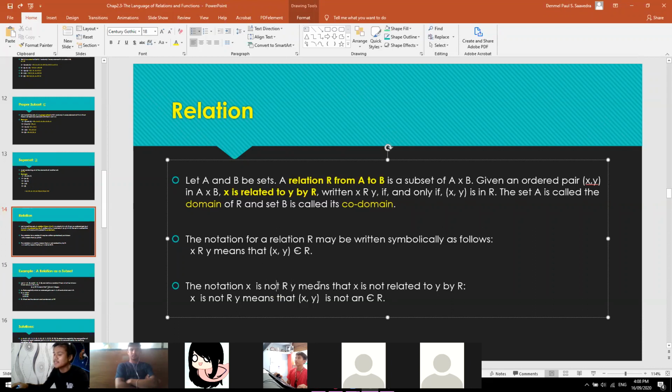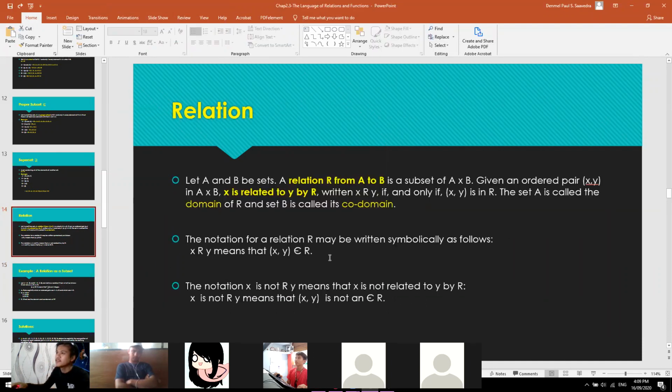So X is not related to Y means that X is not related to Y. Dapat tong R na to is may slash sa gitna wherein it's an indicator that they are not related with each other. So X is not related to Y means that X, Y is not an element of R.